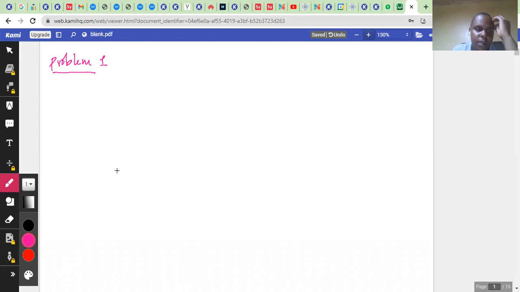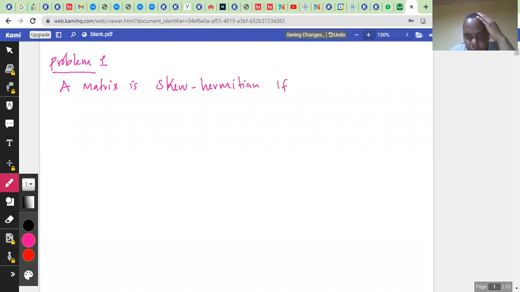Okay, so a matrix is skew Hermitian if A^H equals negative A. I don't think I am satisfied with that definition.